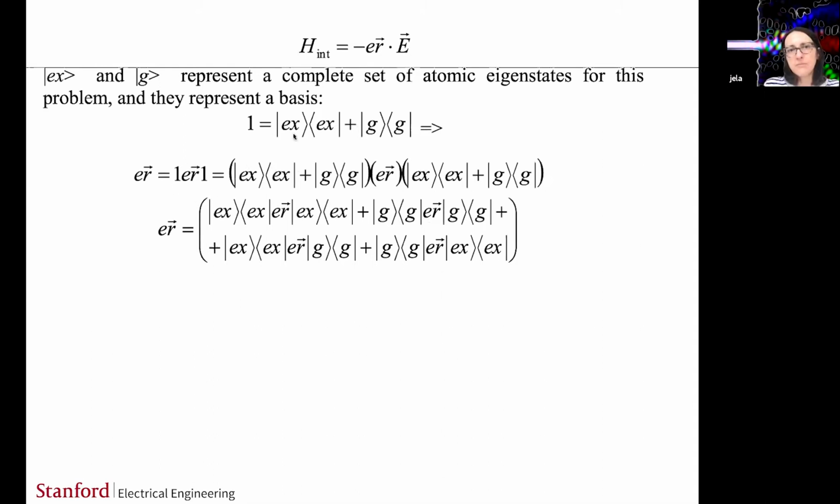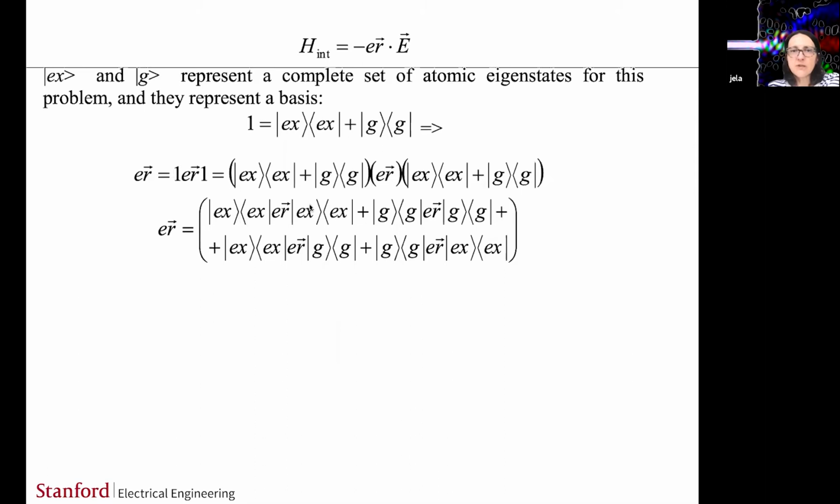But you will still have to see how it acts on this dipole moment term, ER, right? So doing one on both sides of ER, which is a dipole moment, would give you basically these four expressions, because you have two here and two here, right? So you're multiplying operators, and you have ER in between. When you multiply everything with everything, this is what you would obtain. You have these four terms.